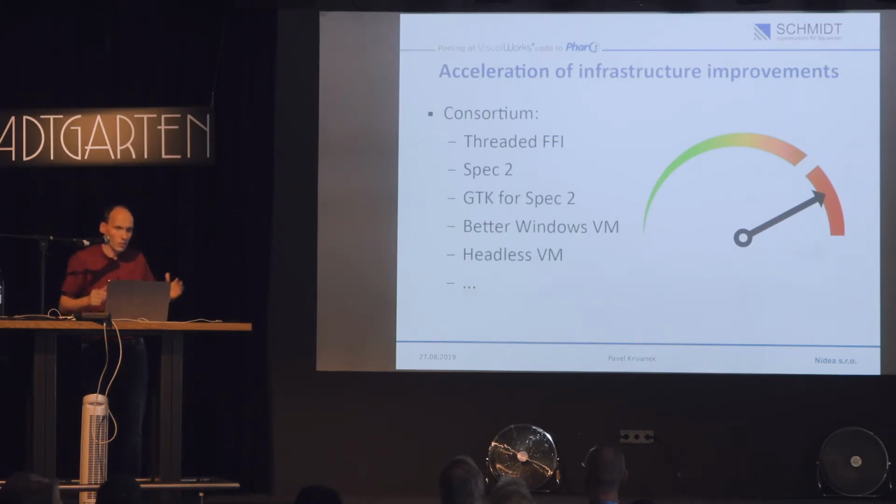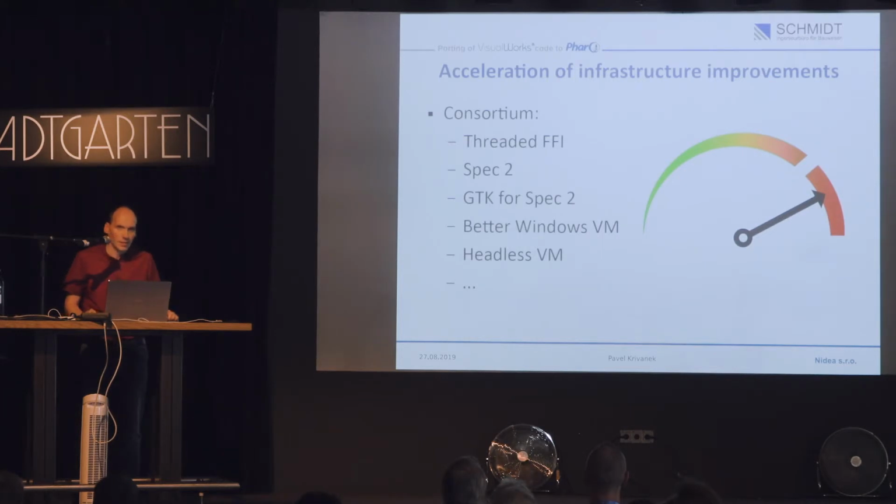With the collaboration of the Schmidt and Pharo Consortium, we are improving the infrastructure for Pharo. So the Consortium does the threaded FFI. It works on Spec 2 that, as you saw today, the GTK binding for that. It works on better Windows support, headless VM, and so on.